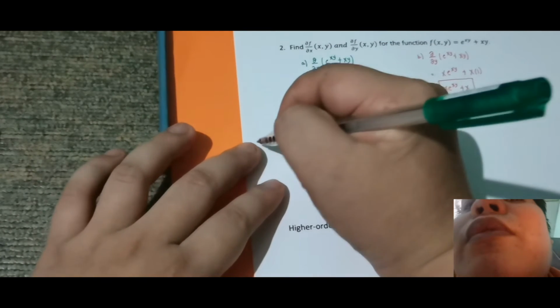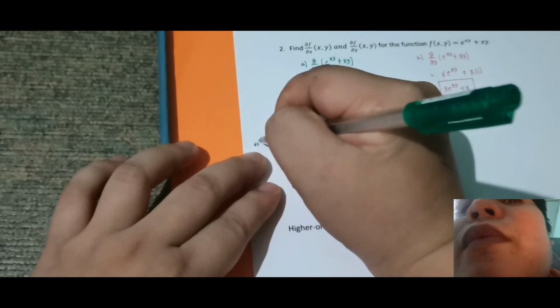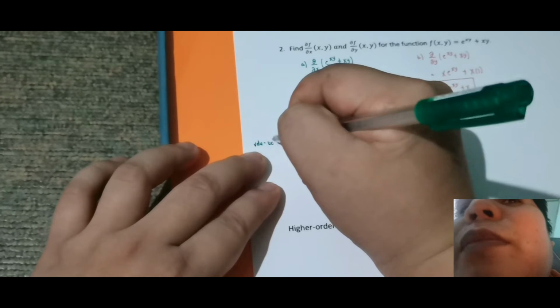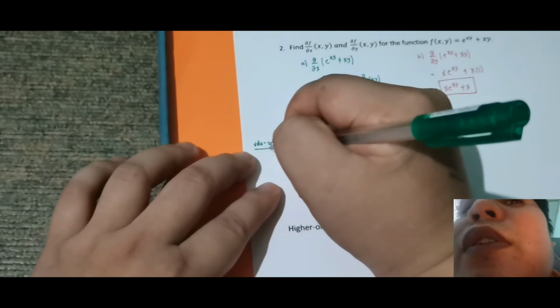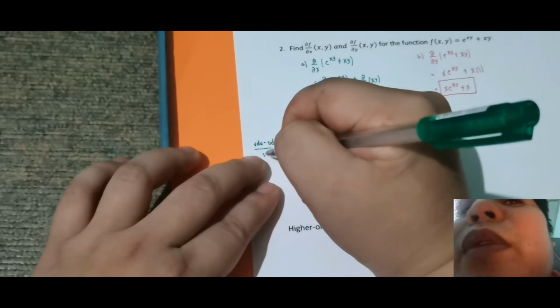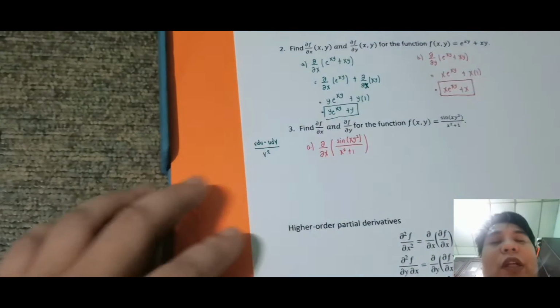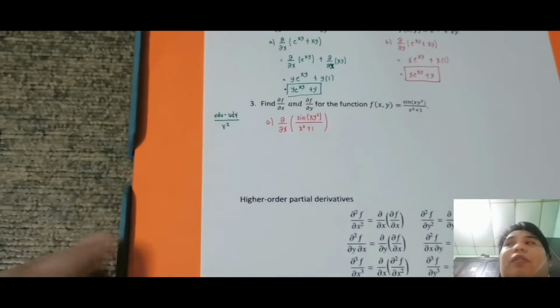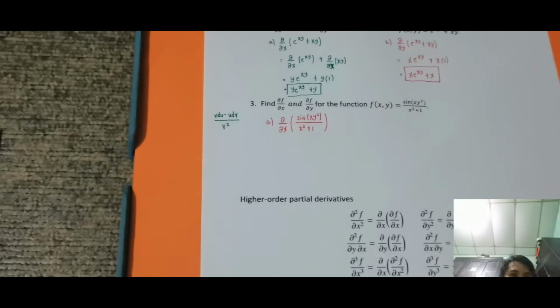So paano yun? BDU minus UDB all over B squared. I don't know kung BDU over, nakalimutan ko na talaga technically. Wait, check ko lang din. Okay, so ayun, tama ako, no? So this is BDU minus UDB over B squared.